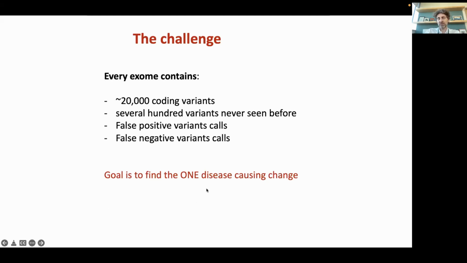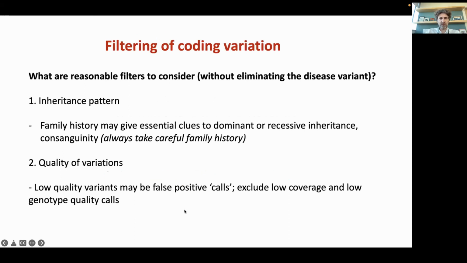So the goal is, of course, in any given exome, to find the one variant that can explain the patient's phenotype. So, here are some really straightforward considerations. Number one is obviously inheritance pattern.